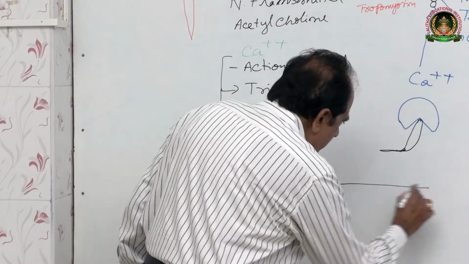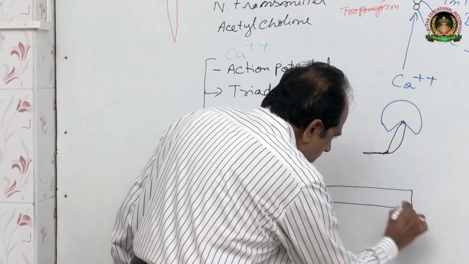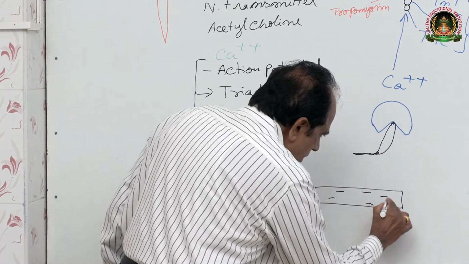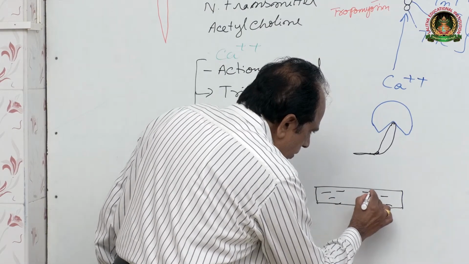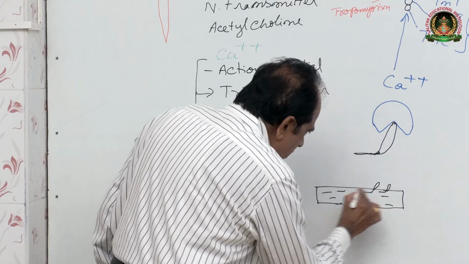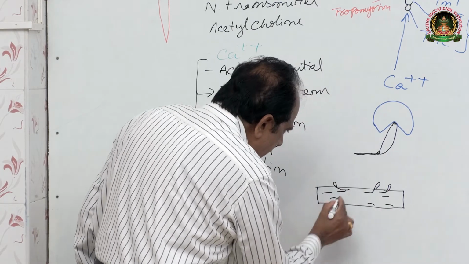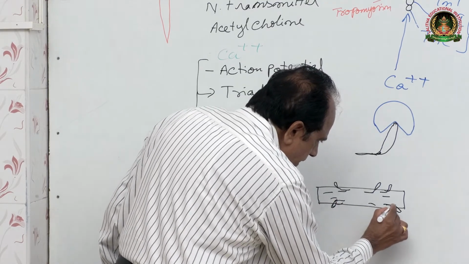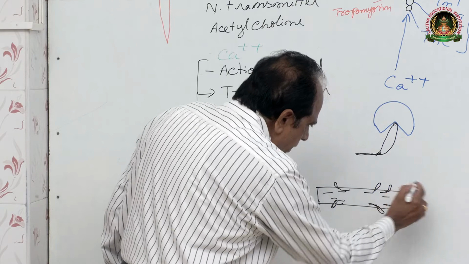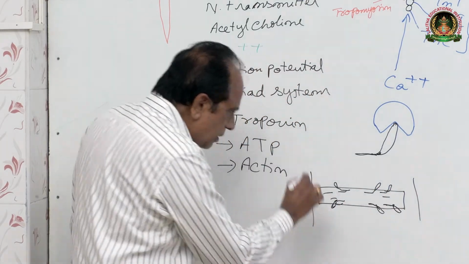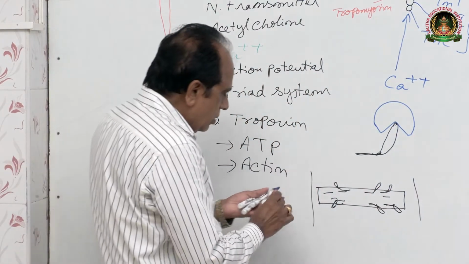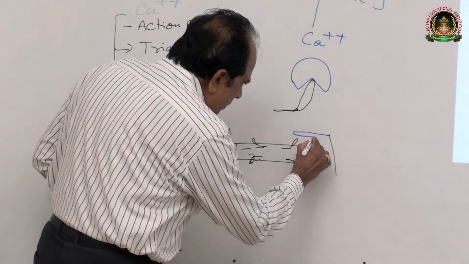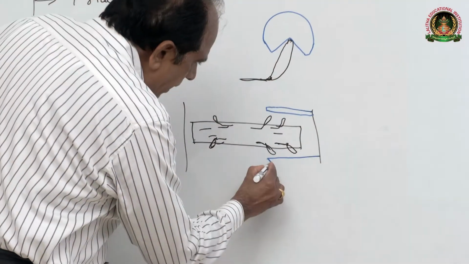For example, this is the myosin, and the myosin is provided with myosin proteins. Each myosin protein has a tail, a head and a cross bridge. They are directed towards the Z membranes, to which the actin filaments are attached like this. So, these are the actin filaments.